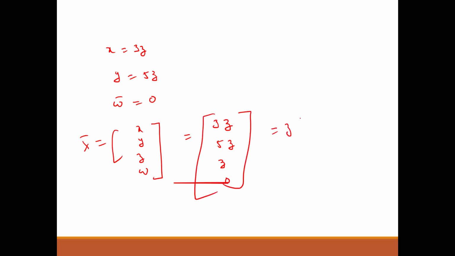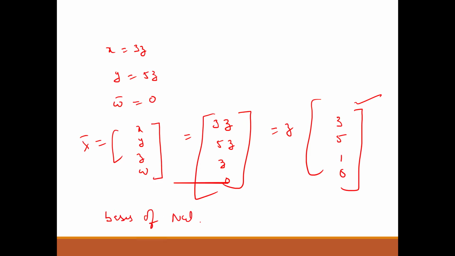So take z common: 3, 5, 1, 0. So this vector will form a basis for null A. So the basis for null A is equal to, what is the answer? 3, 5, 1, 0.